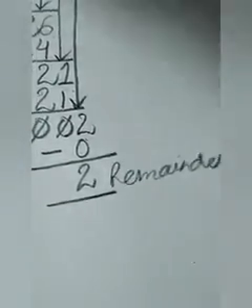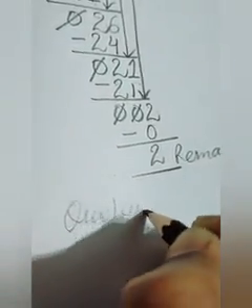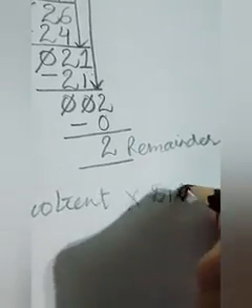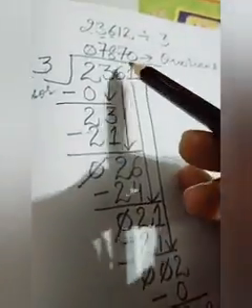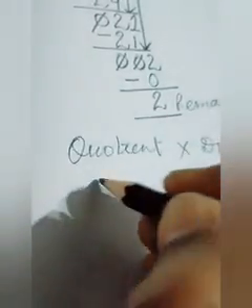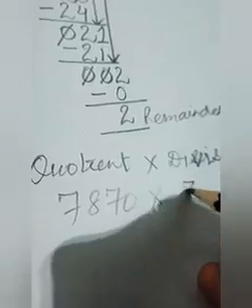Yes, now as I have already told you, we will check our sum, whether our sum is right or wrong. Yes, for this what to do? We will multiply quotient and divisor. Firstly, we will multiply quotient and divisor. What is the quotient? 7870 and divisor is 3. 7870 multiplied by 3.